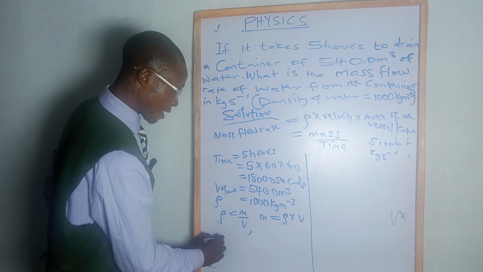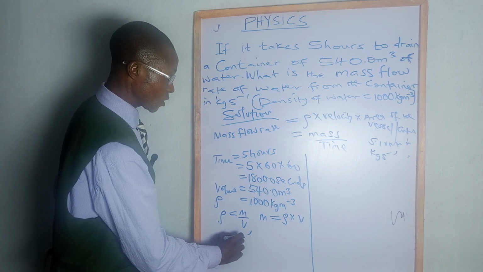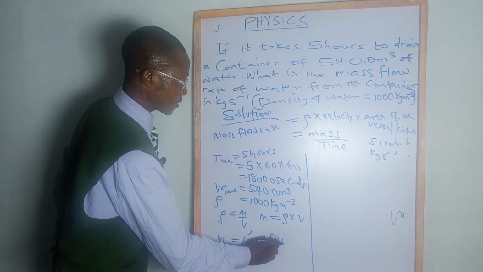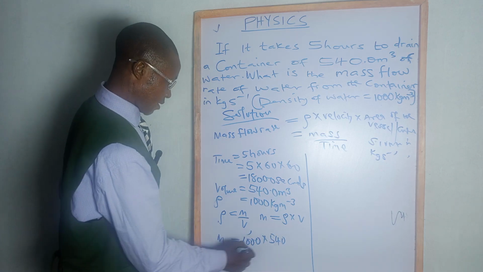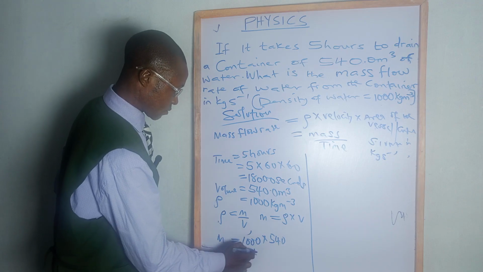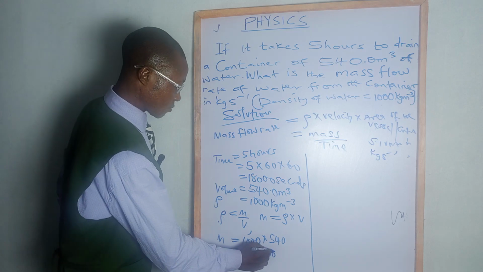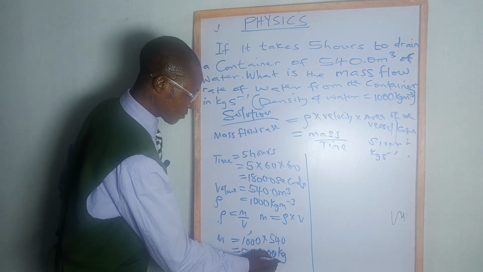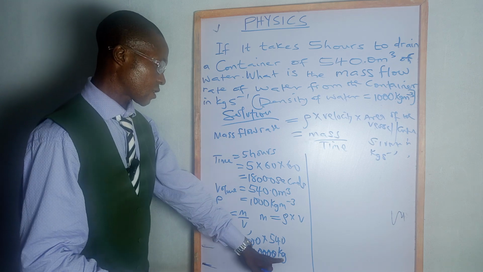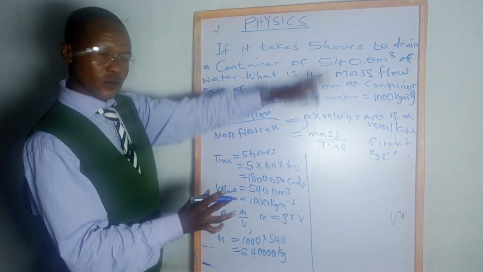Therefore, I will have my mass to be 1000 multiplied by 540, that will be 540,000 kilogram. That is the mass of the water inside that container.